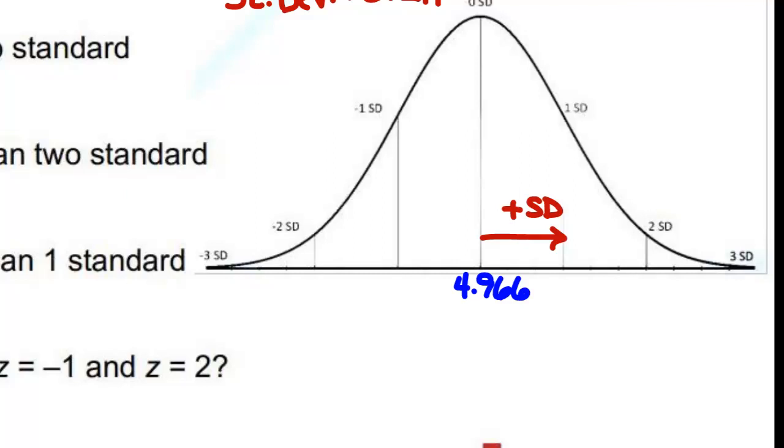What is 4.966 plus 0.211? 5.177. Can you add 0.211 again? 5.388. And then let's add 0.211 again. 5.599.